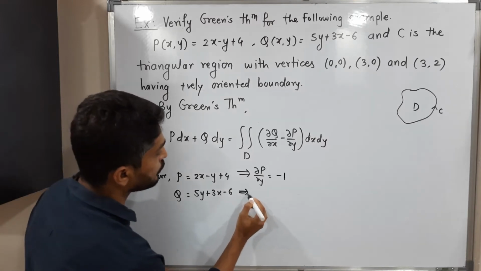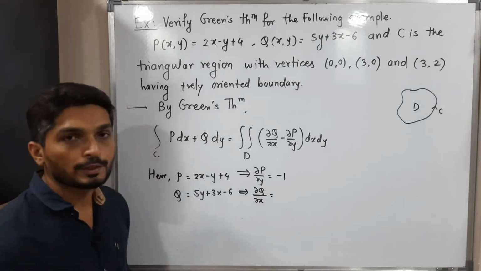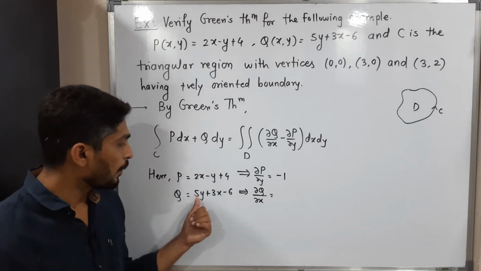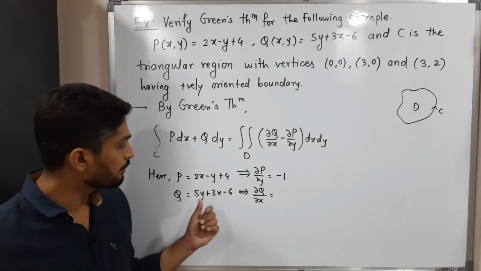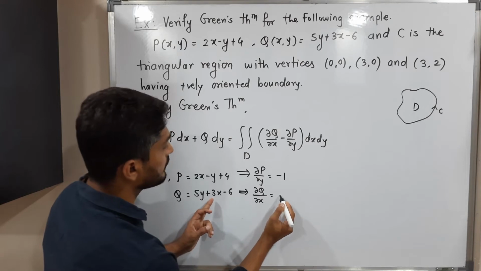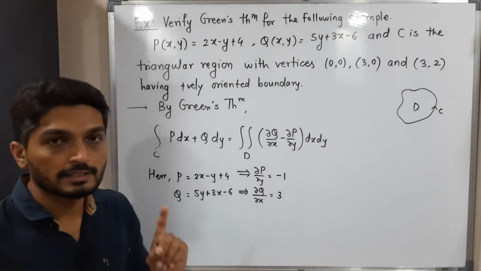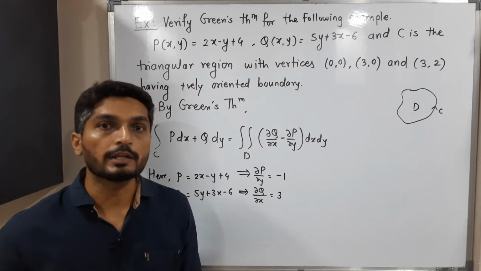Let us find del Q by del x. We are finding the derivative of Q with respect to x. y is a constant, so 5y is constant, the derivative will be 0. Plus 3 as a constant outside, the derivative of x is 1, right? And minus 6 is a constant, so the derivative will be 0.